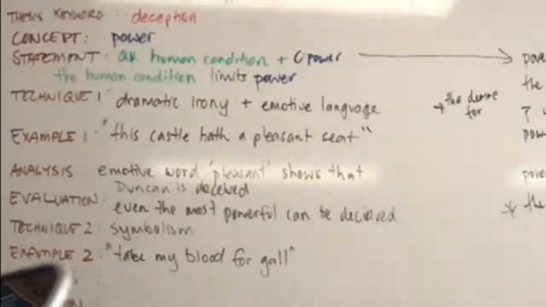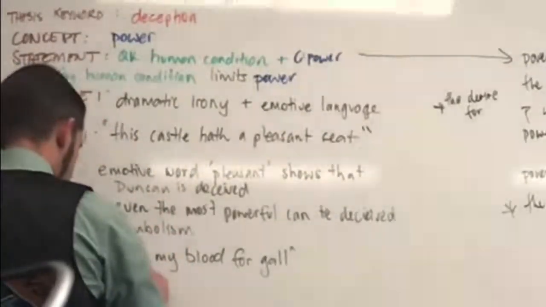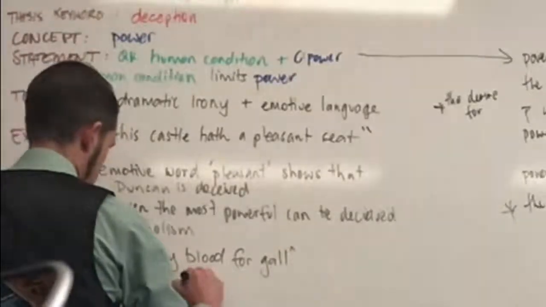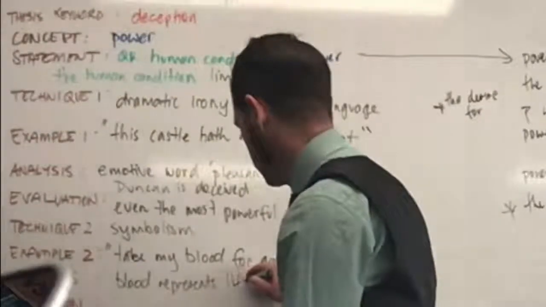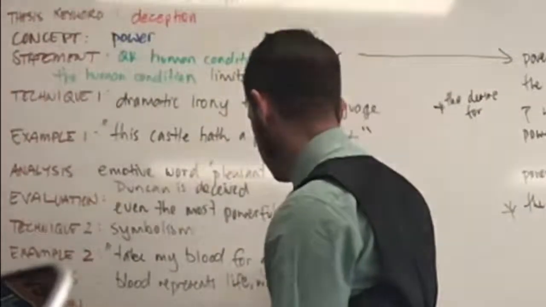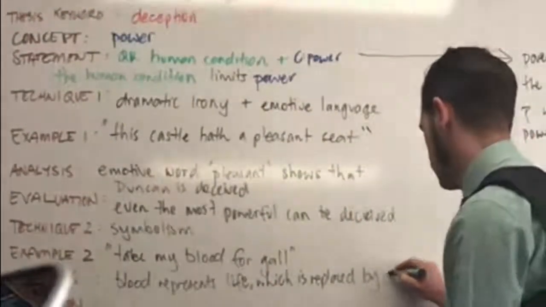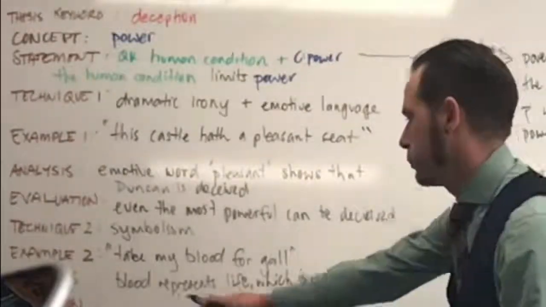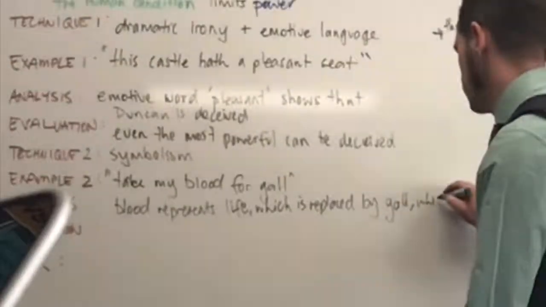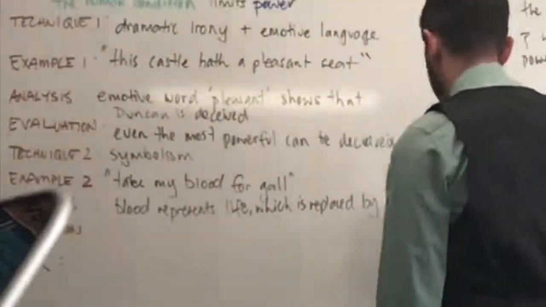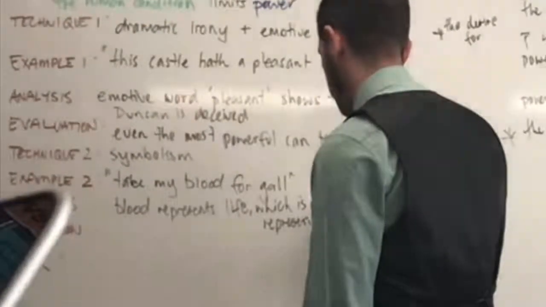So, my analysis, the symbol of the blood: blood, which represents life, is replaced by gall, which in this case represents what we might call something like poison.